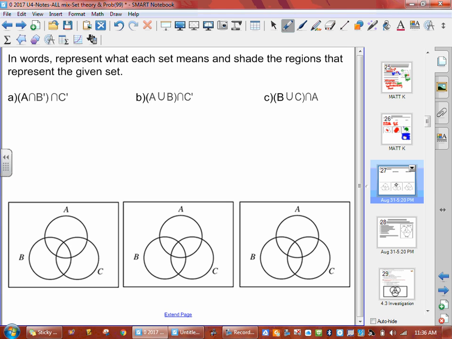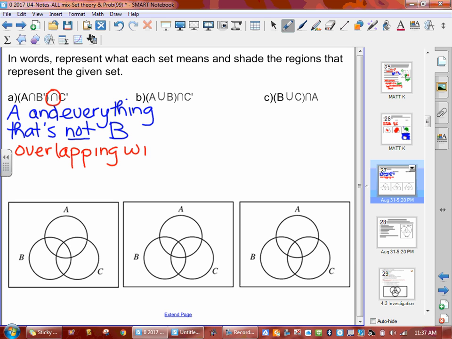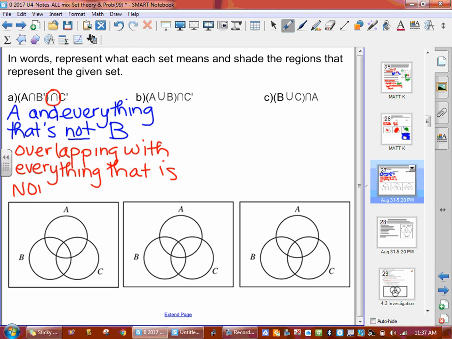So we want capital A, everything that's not B, the and here overlapping with everything that's not C. So I'm going to do some double and triple shading here.